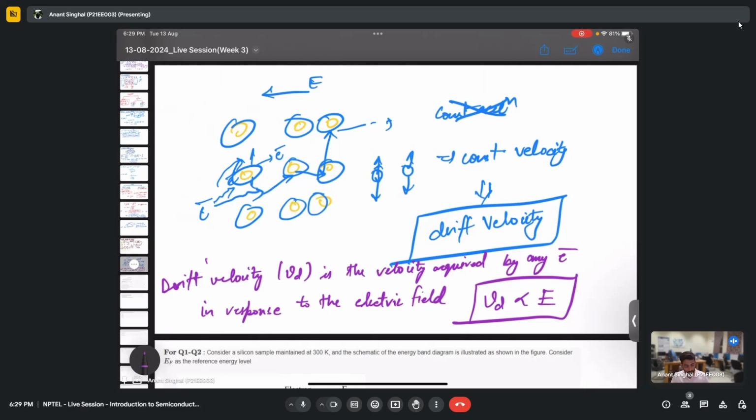So I've already covered the two most important topics, that are the thermal motion and the drift velocity. If you have any doubt, you can type in the chat box, or you can open your mic and ask. Otherwise, we'll move forward quickly.